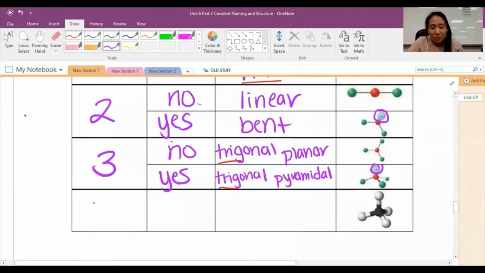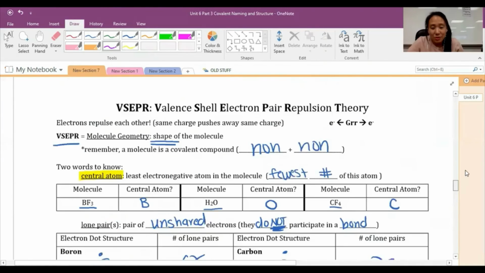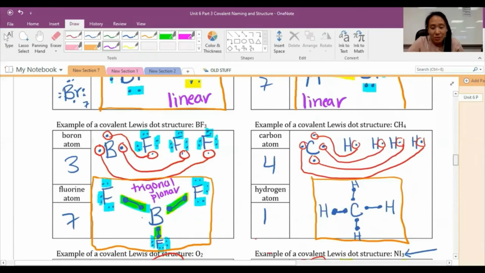The last one is if you're attached to 4 and there are no lone pairs in the center, then it creates a tetra. Remember, tetra means 4. Tetrahedral. Okay. Tetrahedrals are not flat. Remember, 3-dimensional. So tetrahedral is like this one right here.